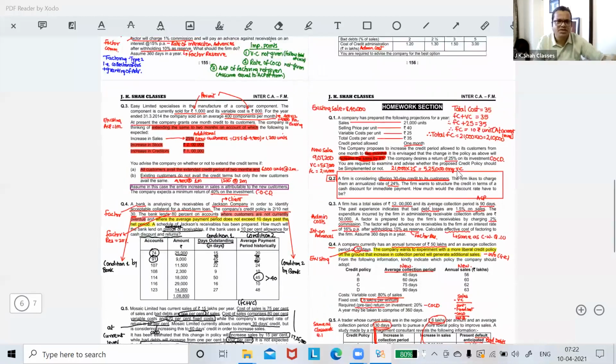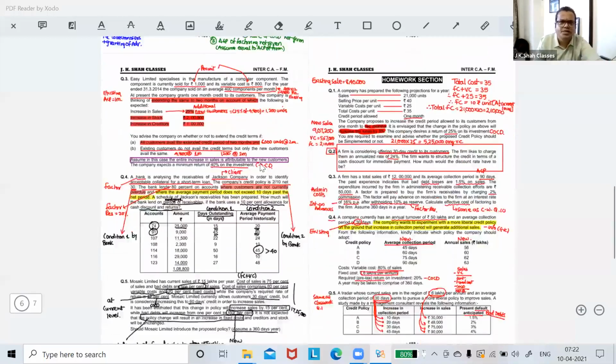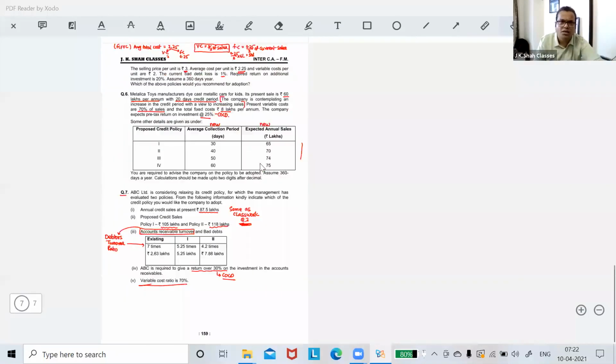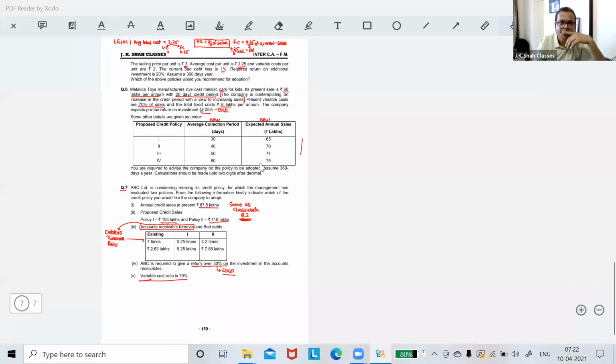This is the last page. That's it. Done, people.